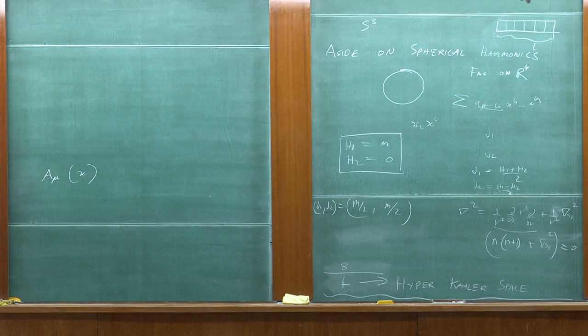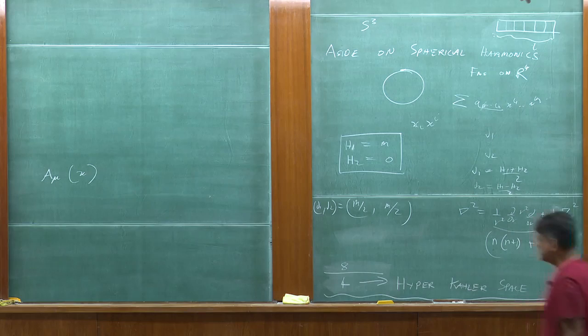But now we've got two things that we have to demand. First, that we're only evaluating the vector field on S3, and so any factor of x squared we want to throw away. But second, we want this one form index, the tangent space index, to be along the S3.